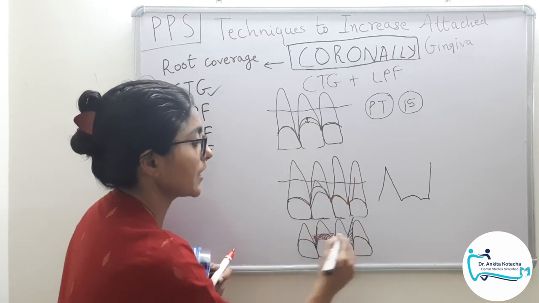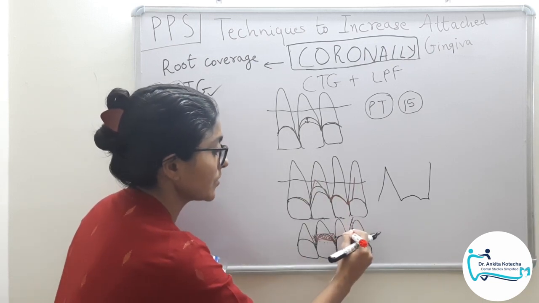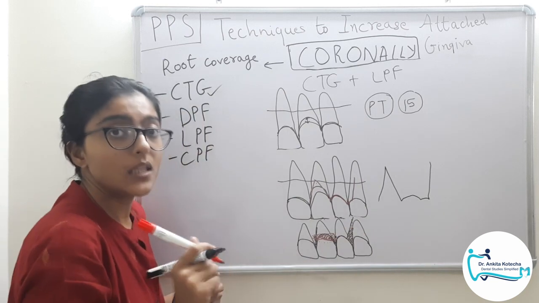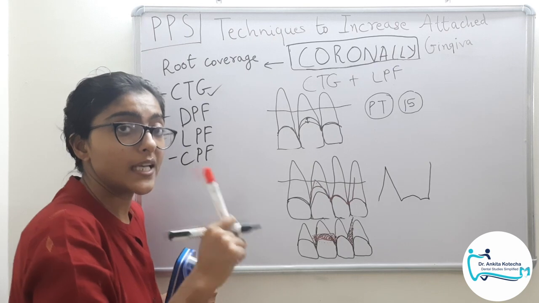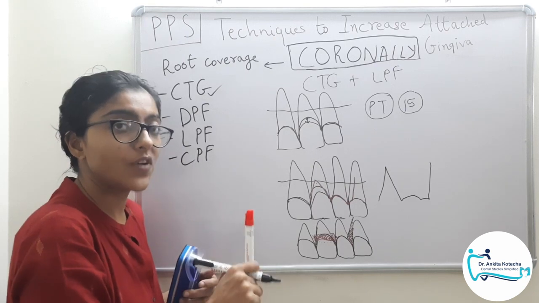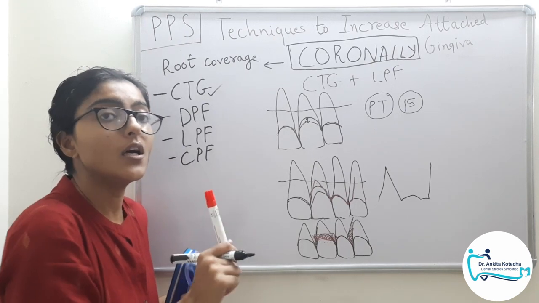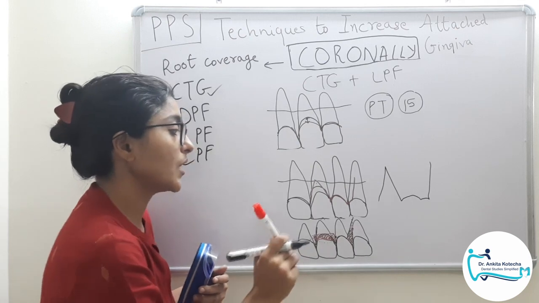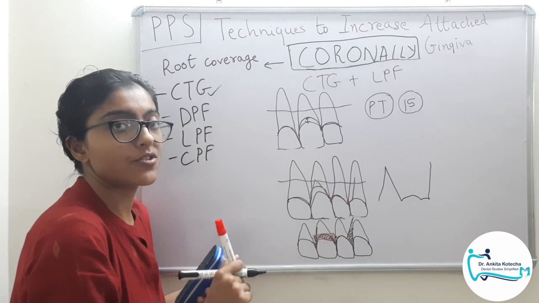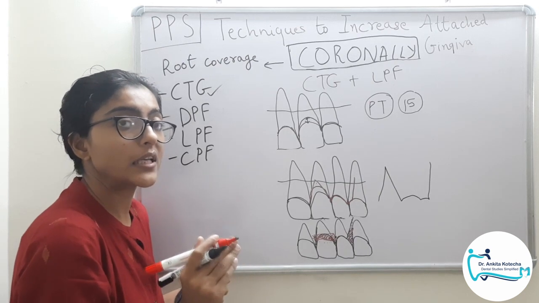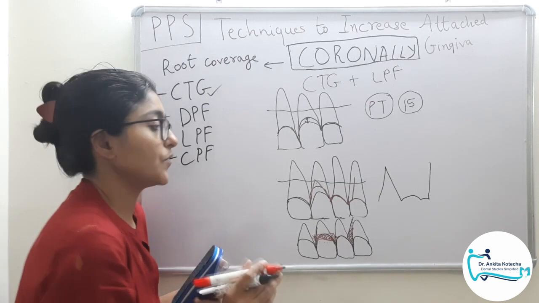The interradicular area will be exposed. Always in the pedicle flaps, that is rotational pedicle flaps, the exposed donor sites are interradicular surfaces and not the radicular surfaces. This is one relative advantage of rotational pedicle flaps.